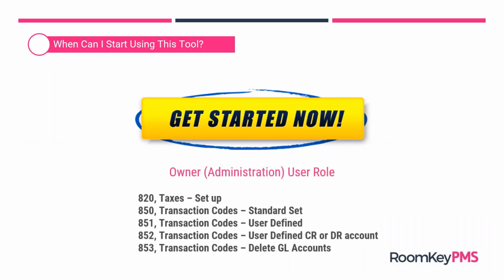So just a reminder here that if you need to create a new transaction code or create a new tax, anything like that that we saw in today's demonstration, you will need to have owner, administrator, user role, and you will need to have these 5 permissions attached to your clerk ID.